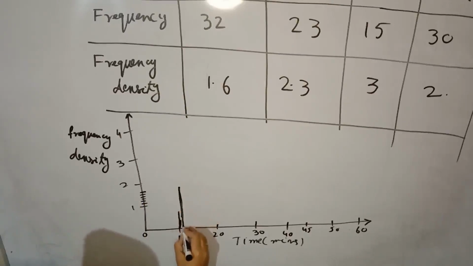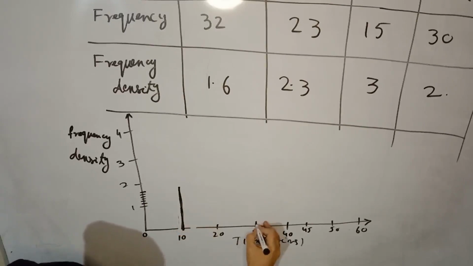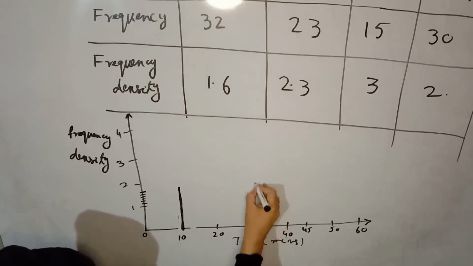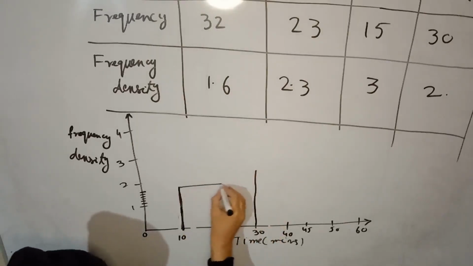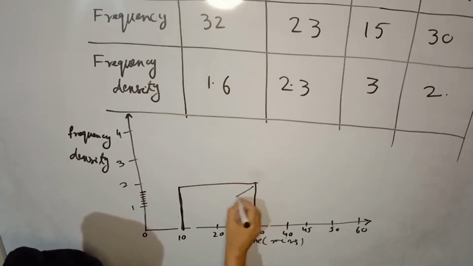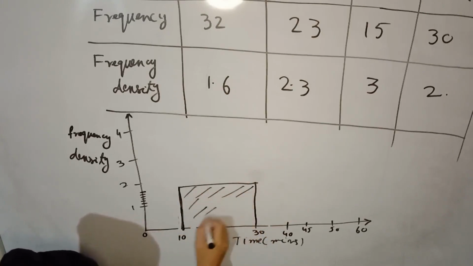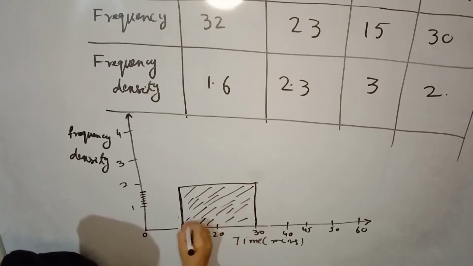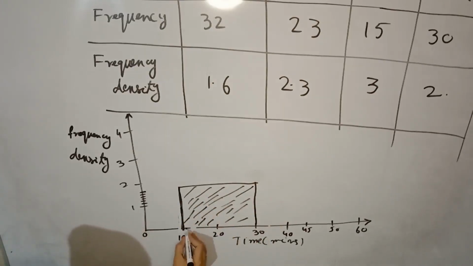On the grid it will be 10 to 30, up till 30, and draw it like that. We will draw it with the scale and the lead pencil on the grid, so it will be more tidy for you. So this is 10 to 30.